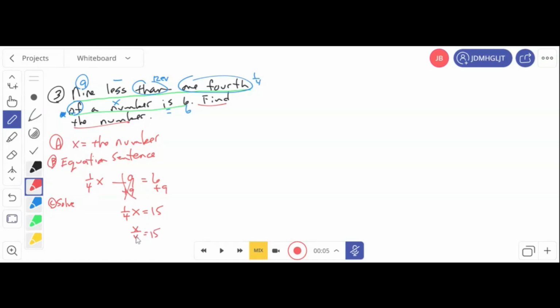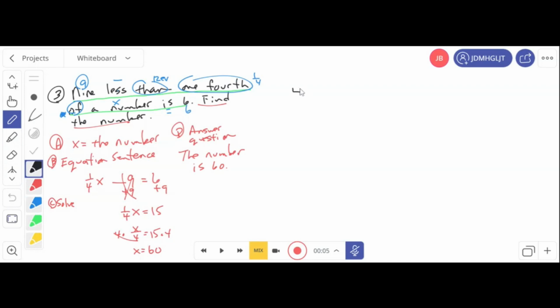So now we undo division by multiplying. 4's divide out. We're left with x. 15 times 4 is 60. So next we answer the question. The number is 60.